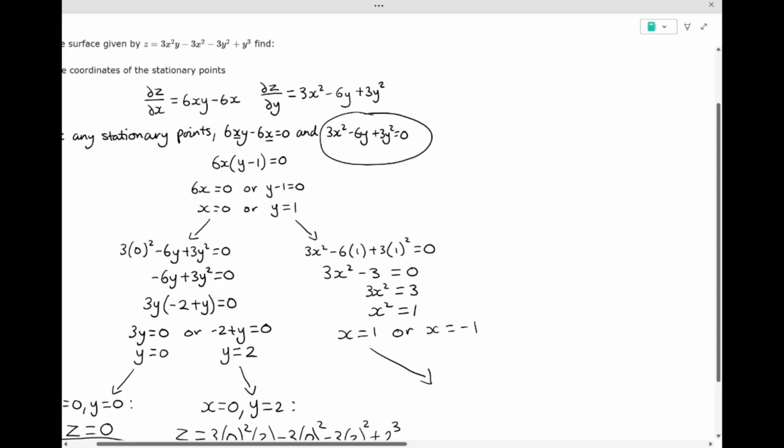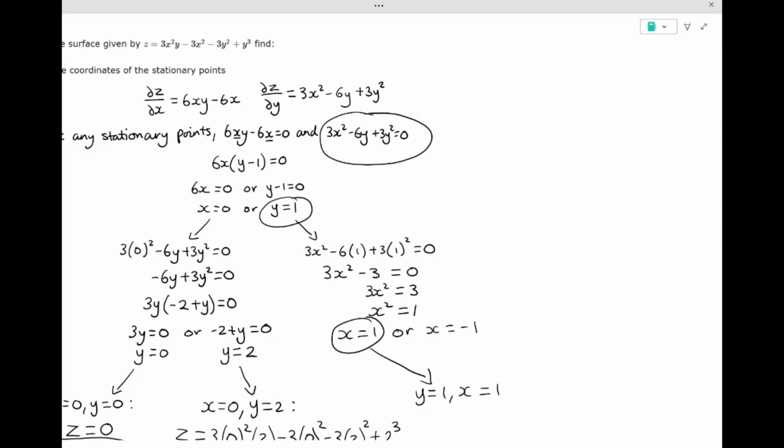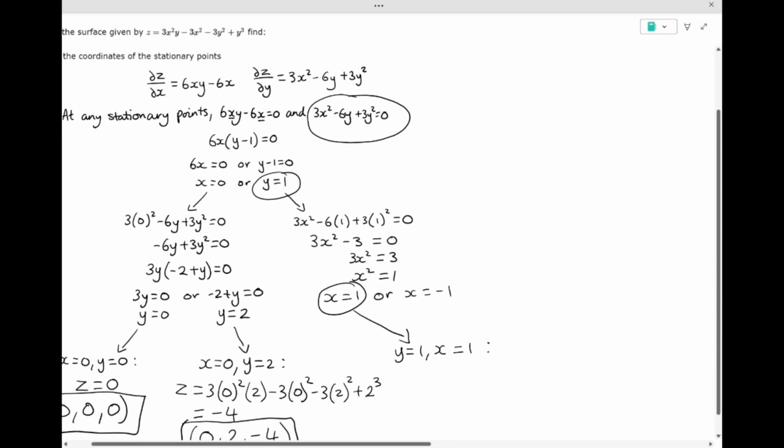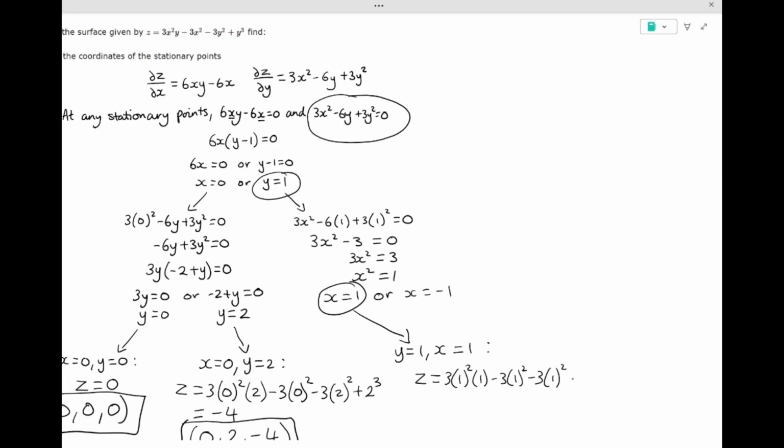Okay, so let's just summarize where we're at. We got y is equal to 1 on this branch, and then we've also got x is equal to 1. So I now have to substitute both of those values back into the initial surface. So I would get z is equal to 3 multiplied by 1 squared multiplied by 1, take away 3 times 1 squared, take away 3 times 1 squared, plus 1 cubed.